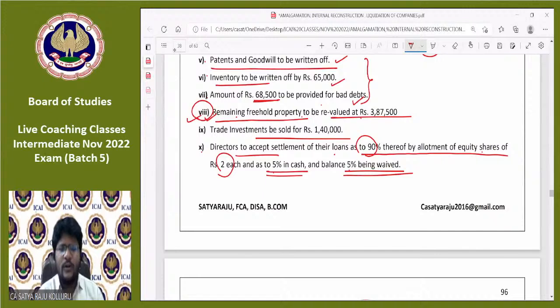Like that, someone is going to put. That may differ from person to person. That's why don't put much effort into the narration, guys. Just present the particular point given in the question as a narration in an understandable manner. That's why if you observe, whether in the chapter amalgamation or internal reconstruction, I didn't touch any single part about the narration. Okay, fine.